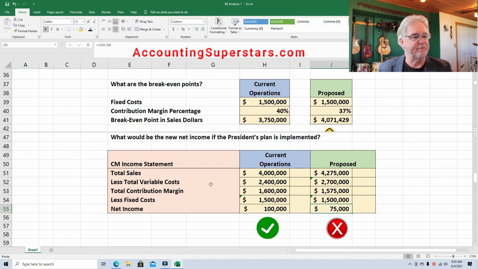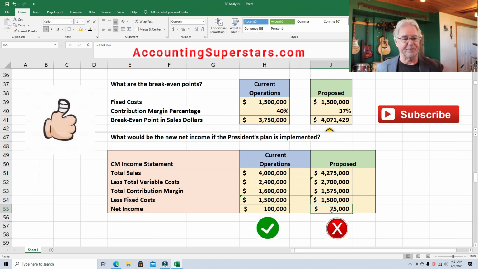So what we do is a little income statement here using this really cool format. Very powerful format. What I would do is memorize it. It's not that hard. And so what we did is we filled in the numbers in grand total amounts, and we found out, gosh, with the president's idea, our net income will be less. Sales will be more, but net income will be less. And it's net income that we're really after.